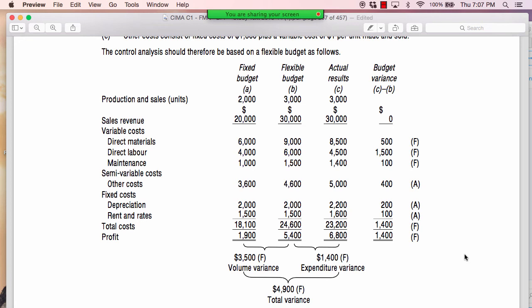Maybe because you budgeted only for 40,000, correct? But actually you've done 50,000. So in effect, the variance is mainly due to the increase in volume of sales or increase in volume of production, correct?